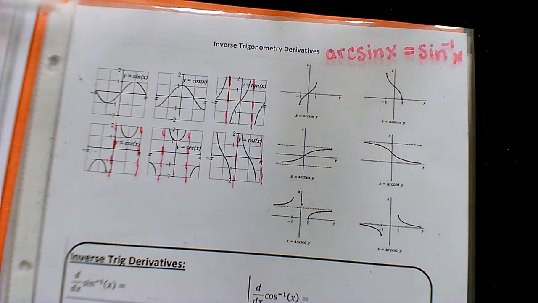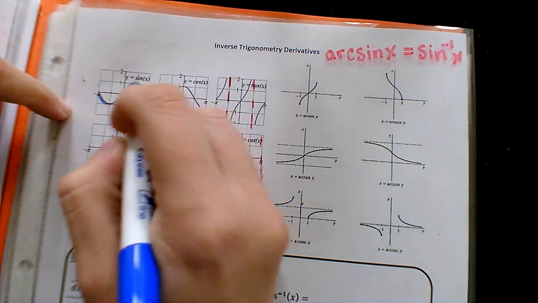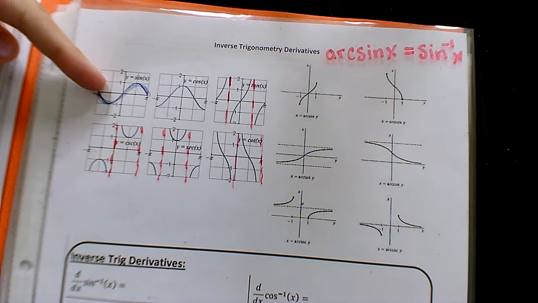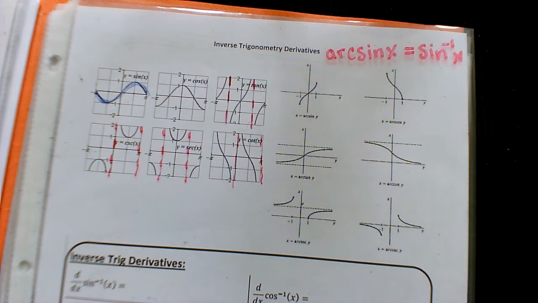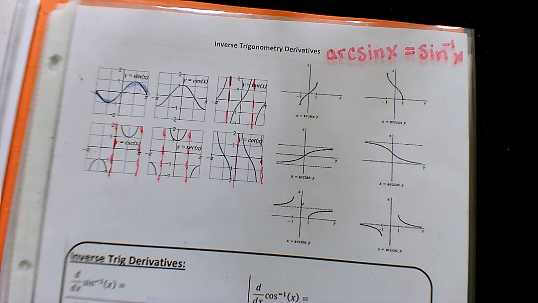So I'm hoping when we look at these graphs, it makes sense. If you were to take this wave shape and switch the x's and y's and plot those points, can you think about what the inverse graph might look like? If this is a wave that's going left and right, what do you think the inverse would look like?